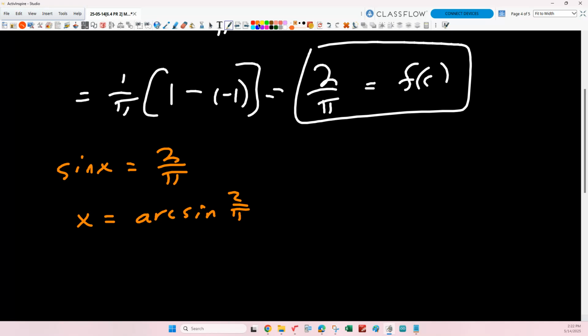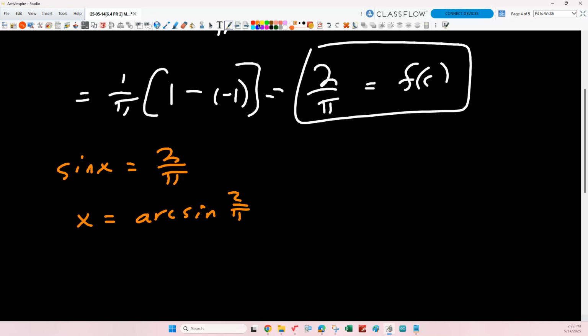There are an infinite number of places where sine x equals 2 over pi because sine goes forever in both directions. So the y value is going to hit that y value literally an infinite number of times. Your calculator doesn't want to give you an infinite number of values. So in what quadrant of the unit circle does an arc sine function give you an answer?